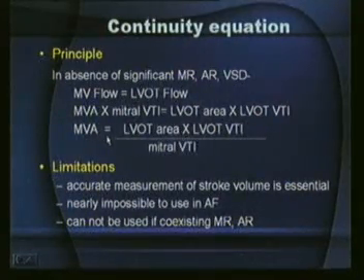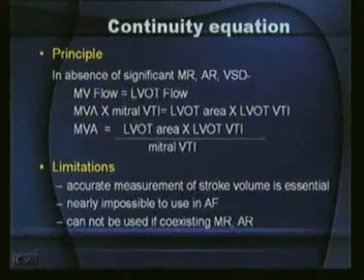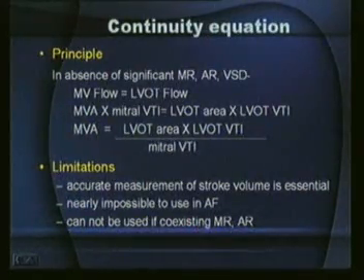Now, generally, the continuity equation is used for other things, as my colleagues will tell you, but for mitral valve area, you just need to know that I can calculate the area by pressure half time, I can calculate the mitral valve area by direct planimetry, and yes, continuity equation can be used.